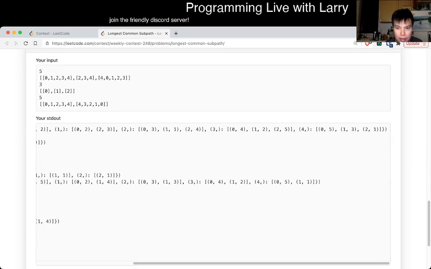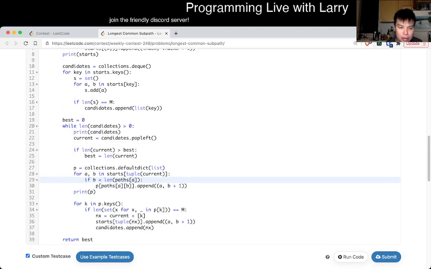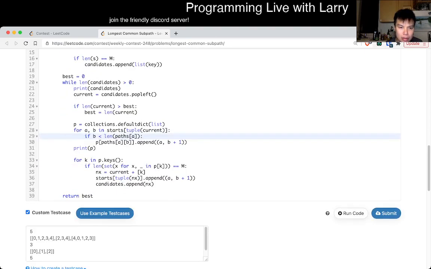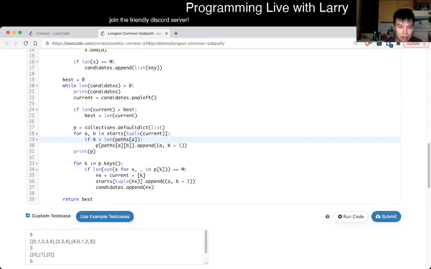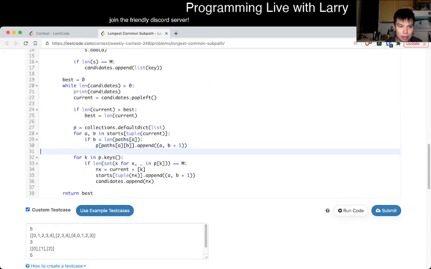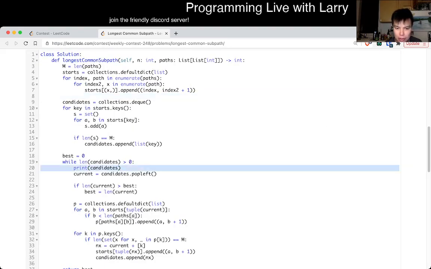Five. Oh, oops. I have a +1 here. Okay, so this is probably right, but is it going to be too slow?